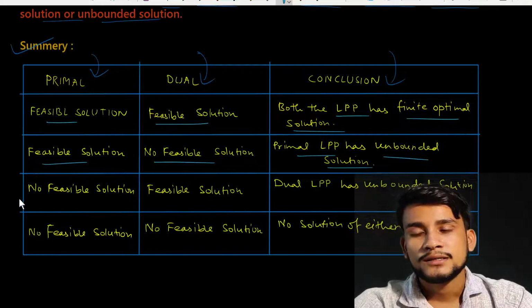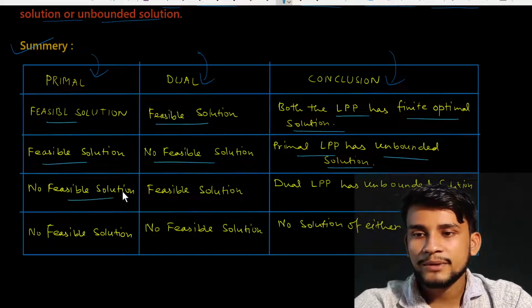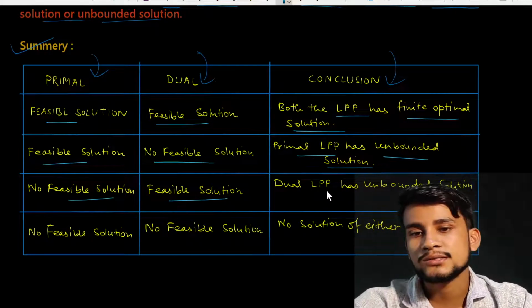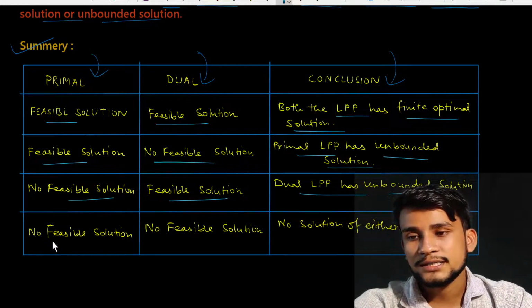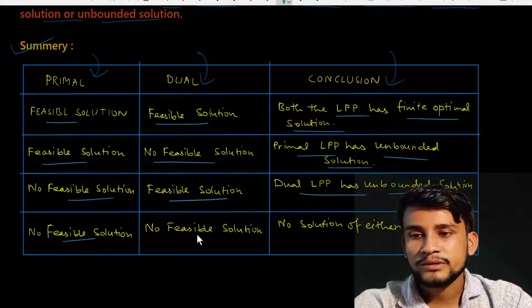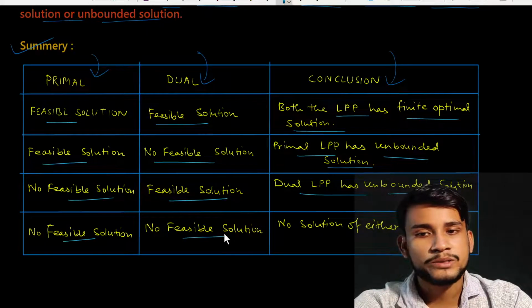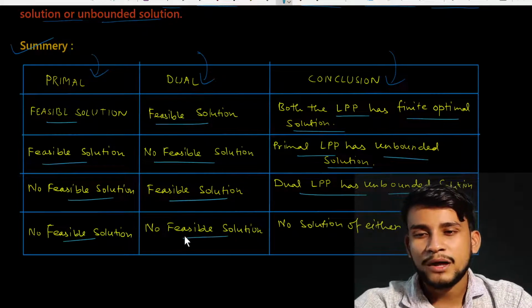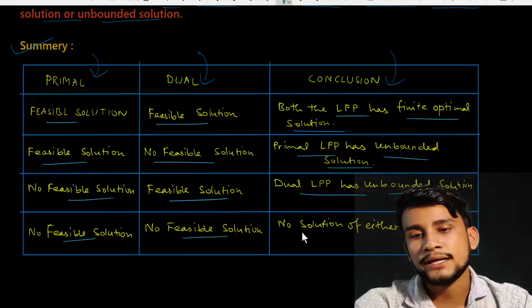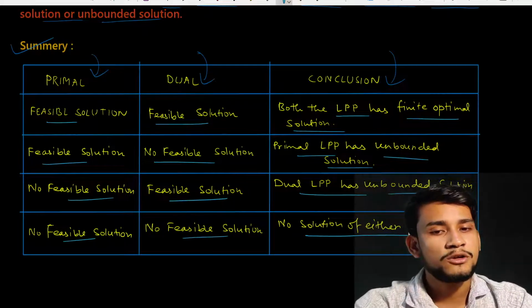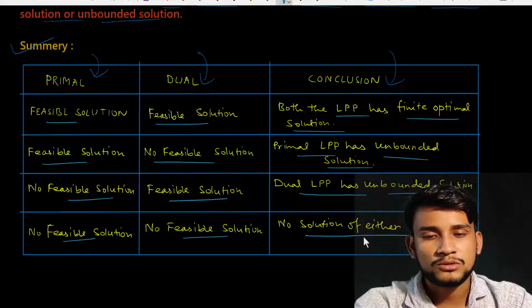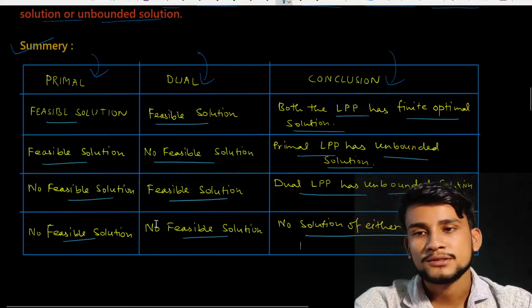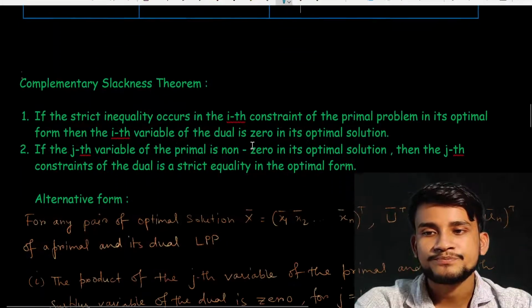Next, the primal has no feasible solution and the dual has a feasible solution, therefore the dual LPP has an unbounded solution. The next case is, if both the primal and dual have no feasible solution, then there is no solution for either problem, that means both problems will have no solution here. Okay, so this is the conclusion and summary.